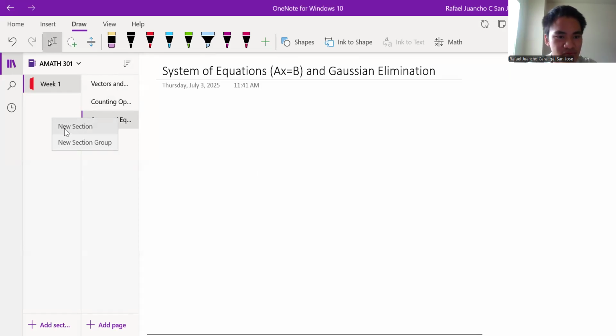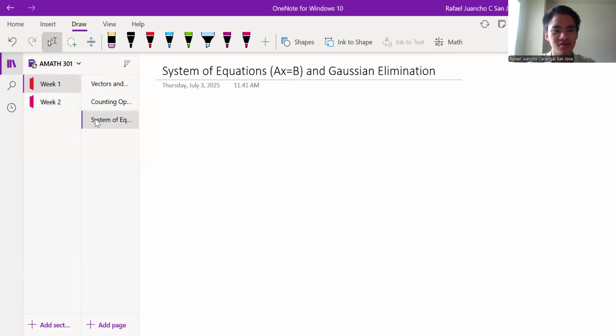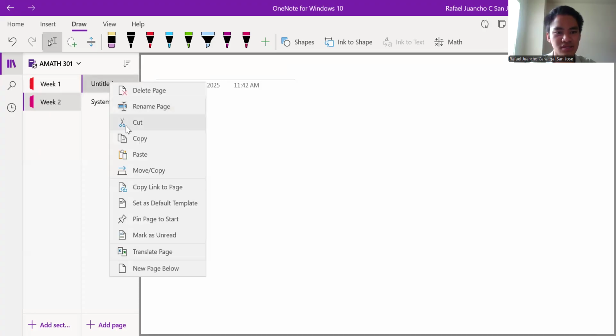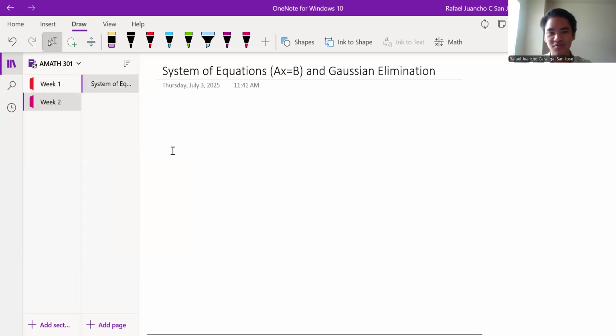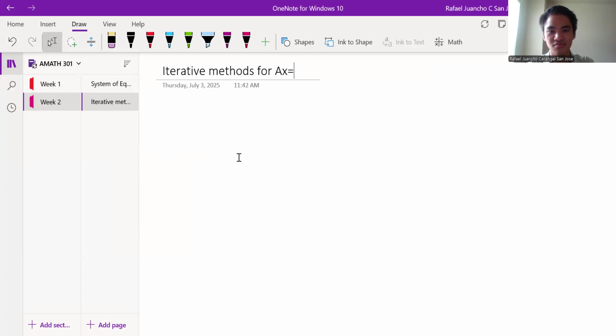It's going to be week 2, so just a little bit of a teaser. Then maybe a little bit of iterative methods for this idea of Ax equals b.